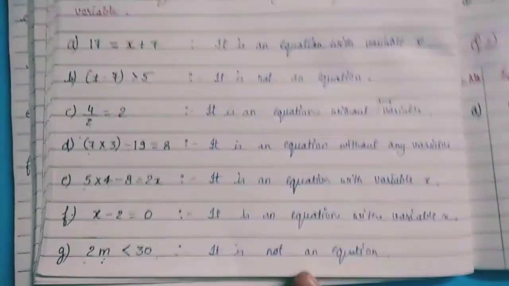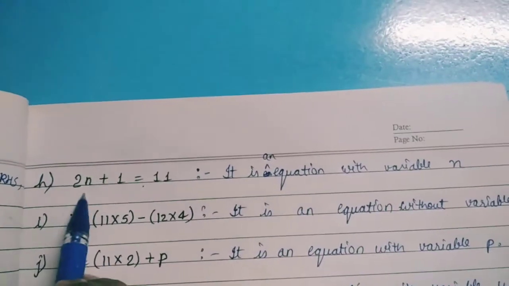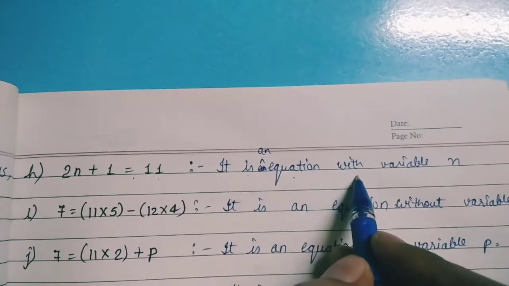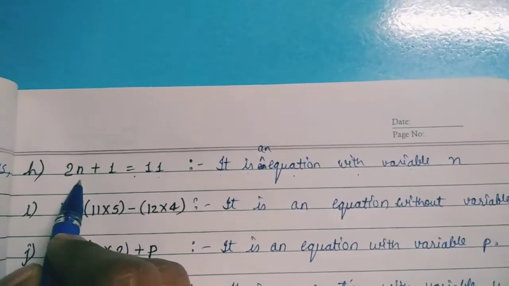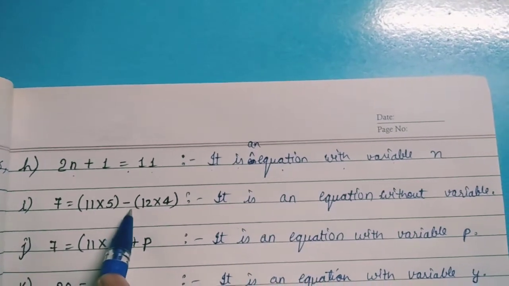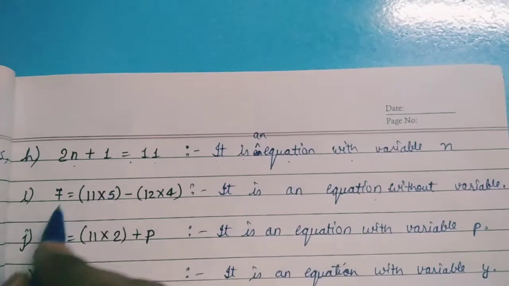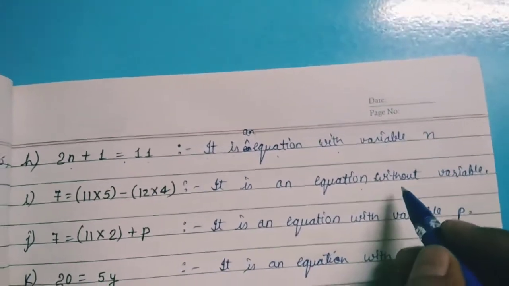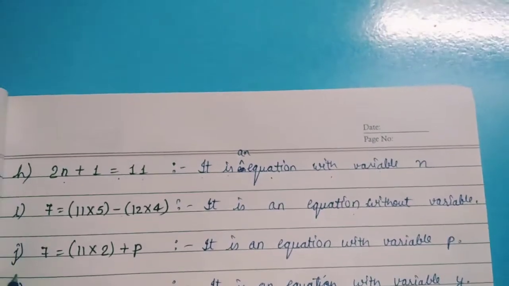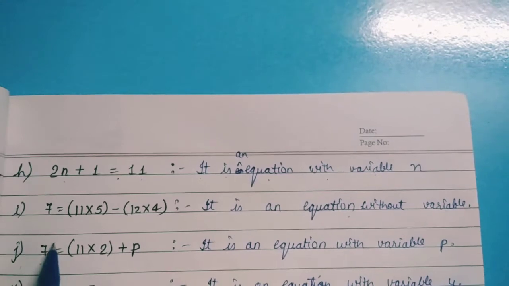Now the remaining part we will do like this. Let's see. Its H part has the equal symbol in between both sides. So it means it is an equation with variable n. I also has an equal symbol in between both sides. So simply we will write it is an equation and none of the variable is here, so it means without variable. J is here. Again we have an expression having the equal symbol.